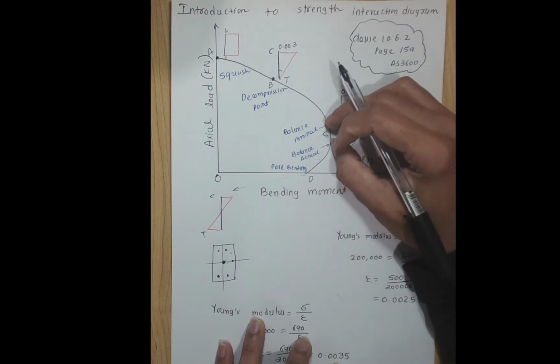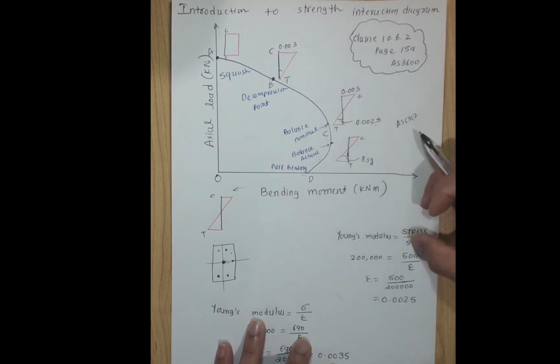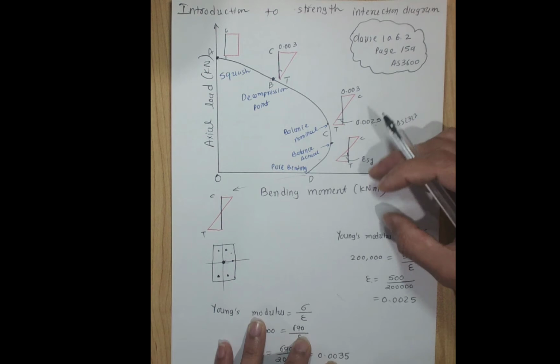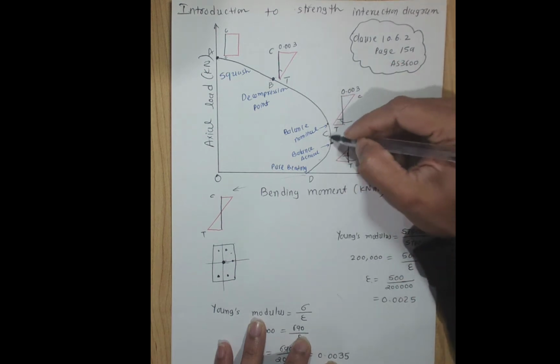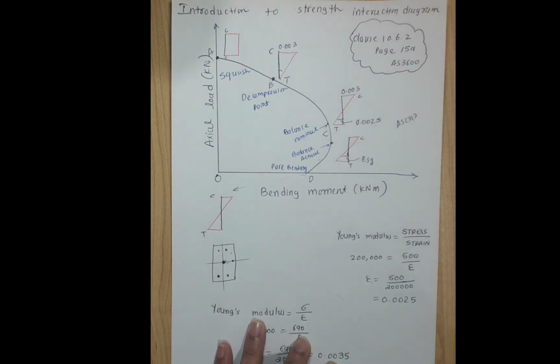So you will get two different points when you have a steel strain greater than 500 megapascal. If you have 500 megapascal steel, then this point would be the one point: balance actual and balance nominal are the one point at point C.